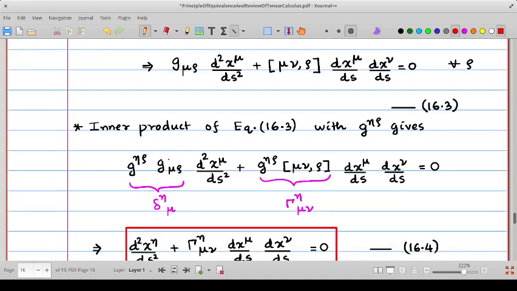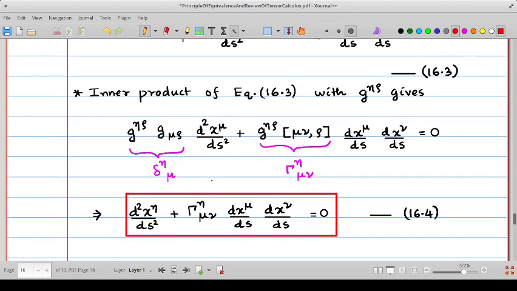Now this inner product between this contravariant and covariant metric tensors, where the index rho is being summed over, results in the Kronecker delta with indices eta and mu. And the summation over mu with this term is implicit. And when we do that, mu has to be replaced by eta. So the first term gives d square by ds square of x eta.